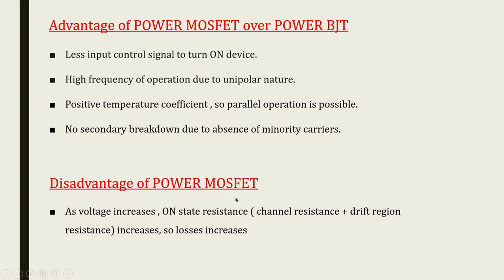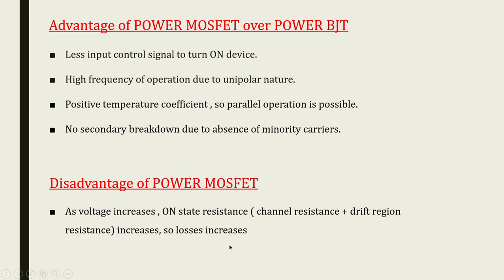So based on this advantage and disadvantage, we can say that power MOSFET can be used for low power operations with high switching speed, that is low power high frequency operation. Why is it used in low power? Because as the gate voltage increases, on state resistance will be increasing, so losses will be high.